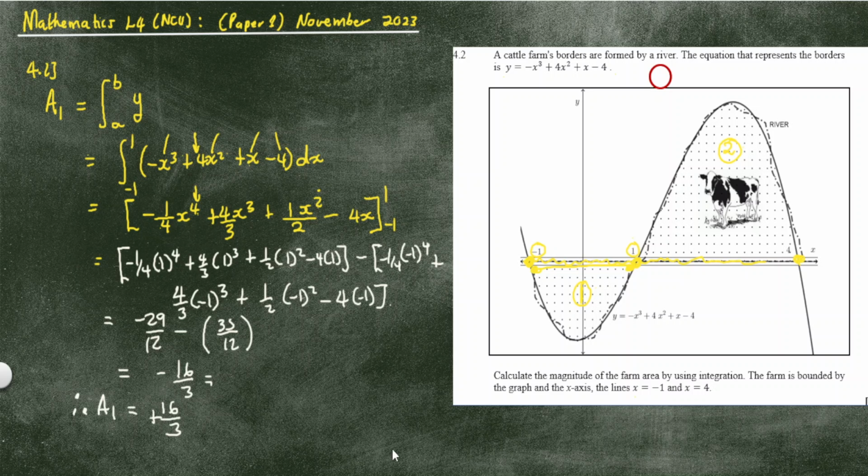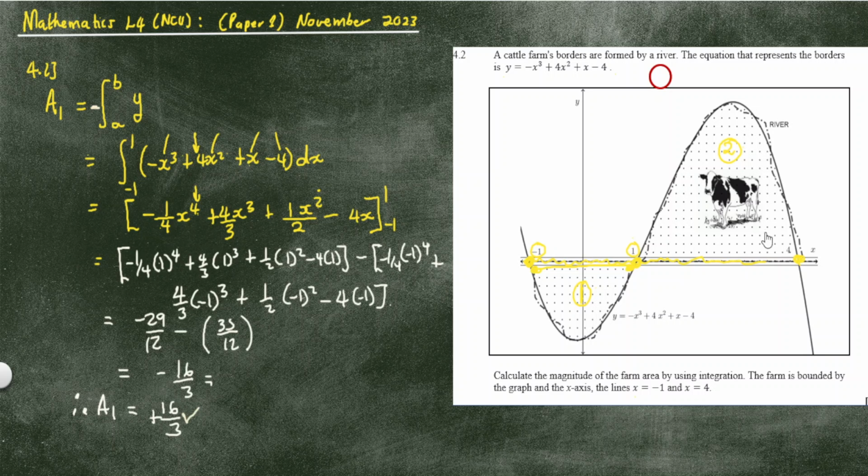You'll see in your textbook that when you calculate the area below the x-axis, you need to put a negative sign in front. But you can just do the calculation, and when you get to the final answer, change the sign and make it positive. So this is area number 1.